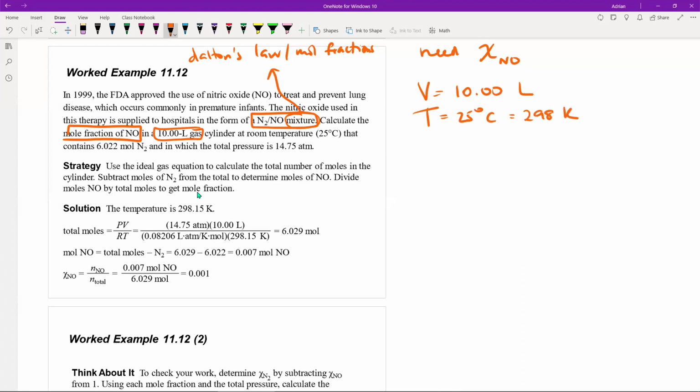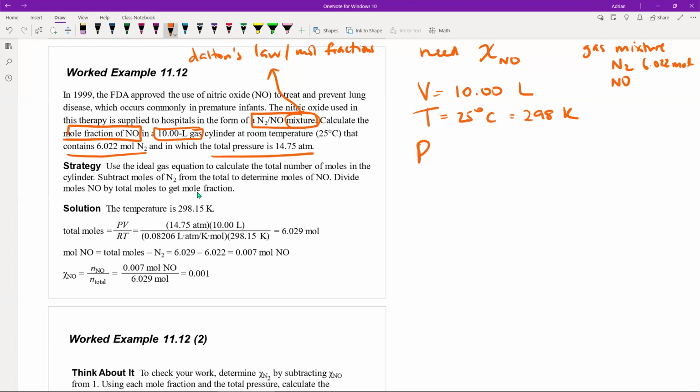And then we're also told we have a gas mixture here. We have nitrogen, we have NO in it. We're also told that this mixture contains 6.022 moles of N2. And the total pressure is 14.75 atmospheres.